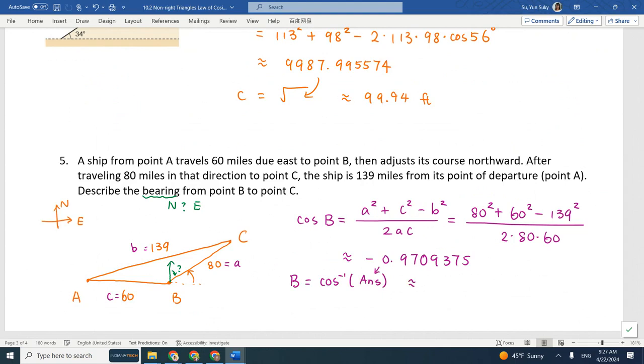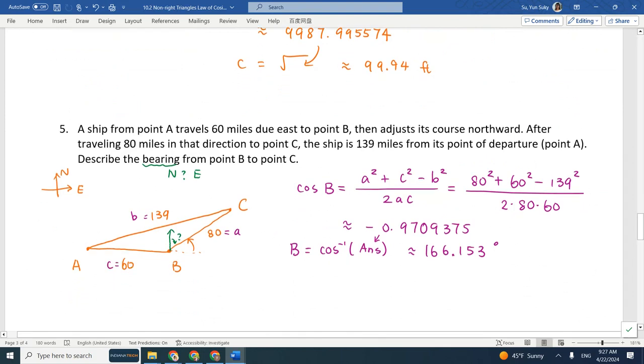We get 166.153 degrees. Do you have the same answer, everybody? Okay, good. So now we know that the bearing is our angle B subtract 90 degrees.